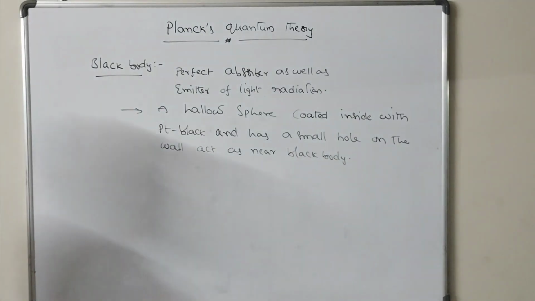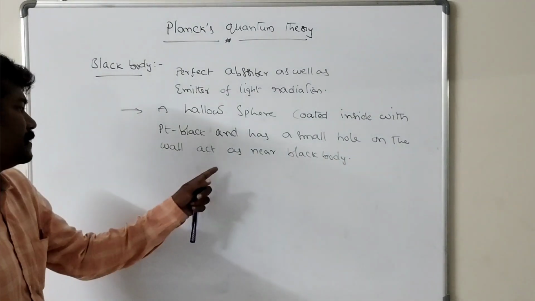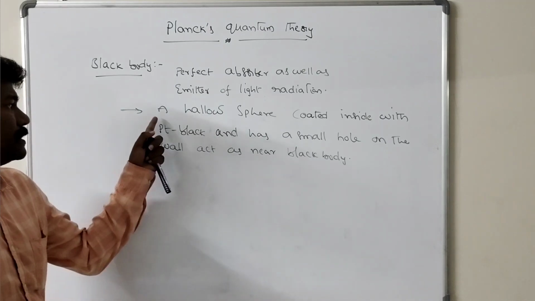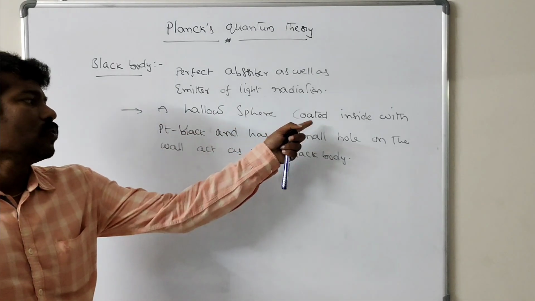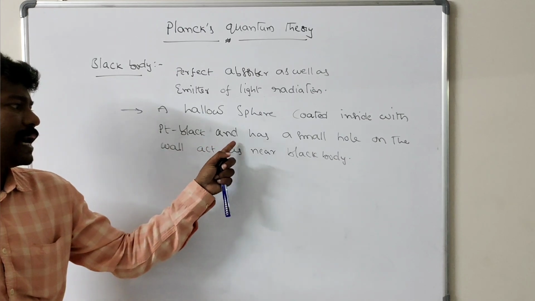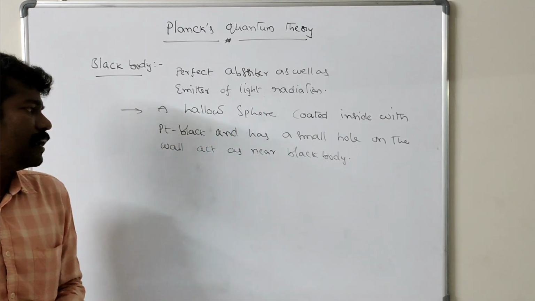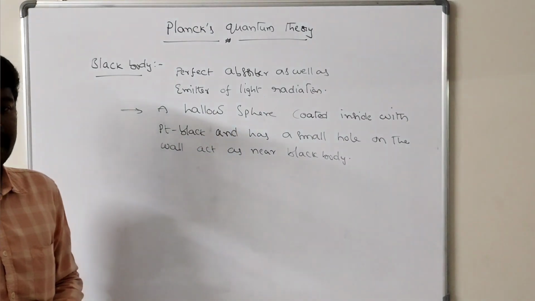There is no perfect black body, so this is a near black body, which is nothing but the hollow sphere coated inside with the platinum black and has a small hole on the wall.